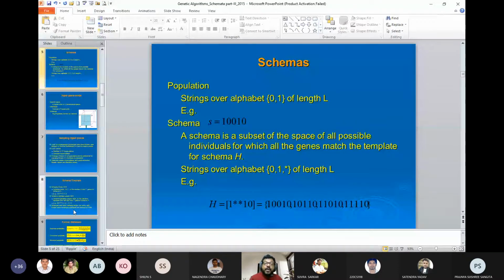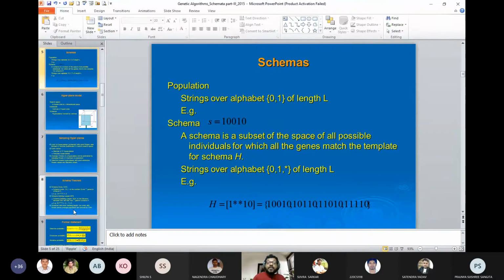Okay. So now we are introducing the schema. Schema is a subset of the space. Space means we have 2 to the power n number of elements. So schema is a subset of the space for all possible individuals for which all the genes match the template of a schema H. Say I want all the solutions where the first bit is 1 and the fourth bit is 1.